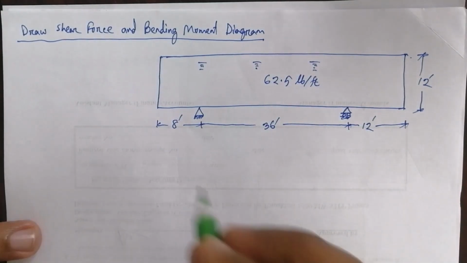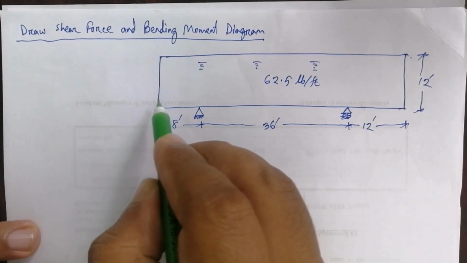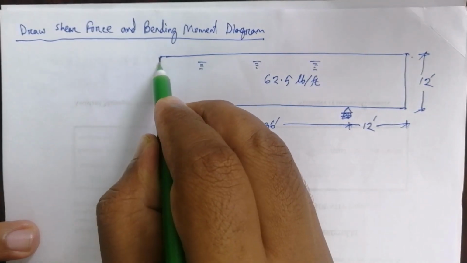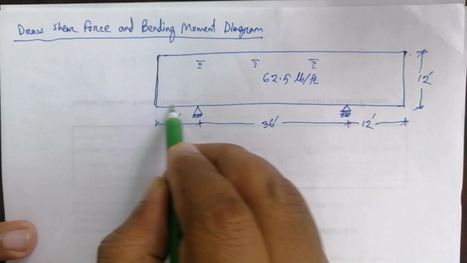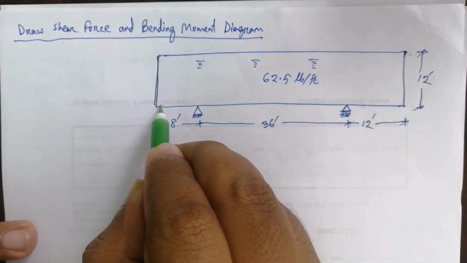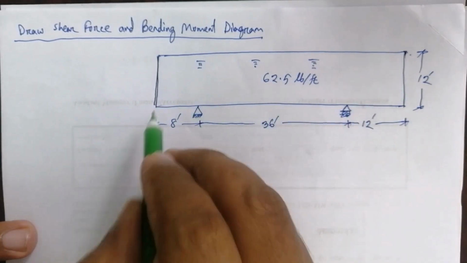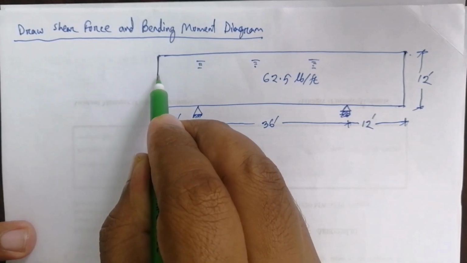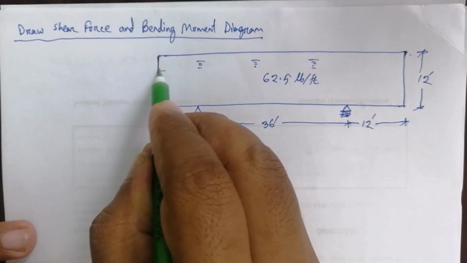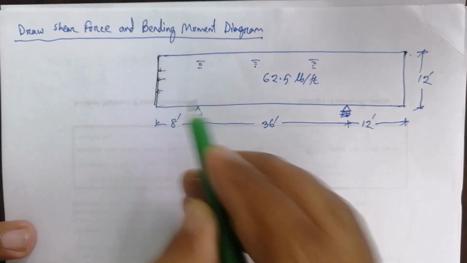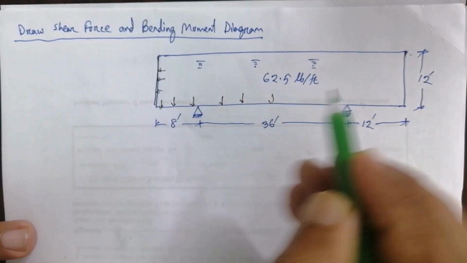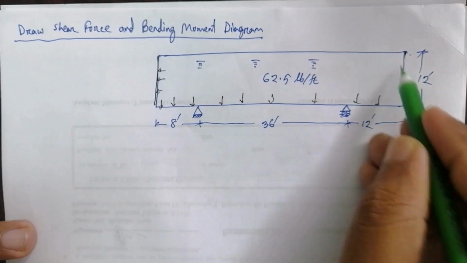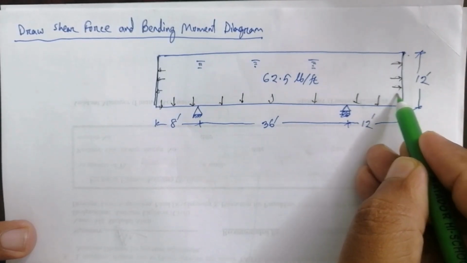So first we draw the stress diagram. Here two types of stress act on the water reservoir, on these two sides and on this perpendicular beam. So the water stress acts like this, and the bottom stress acts in the bottom direction like this, and also on this side.